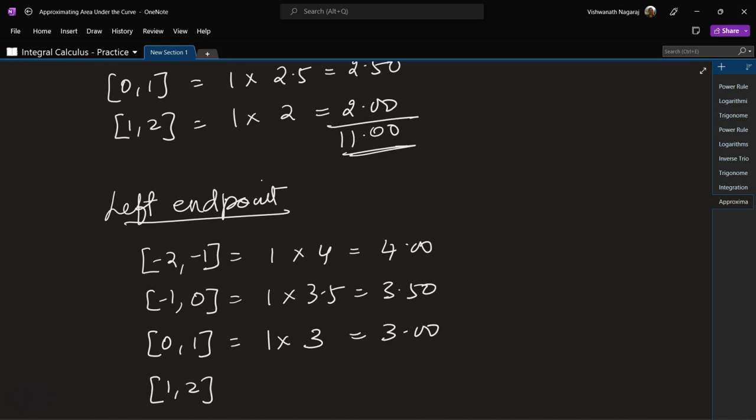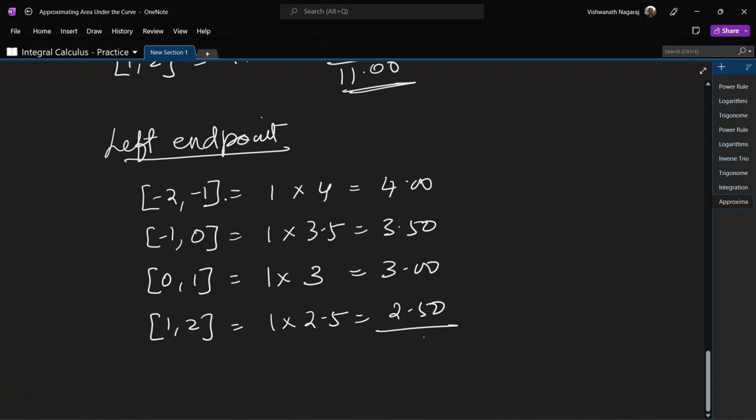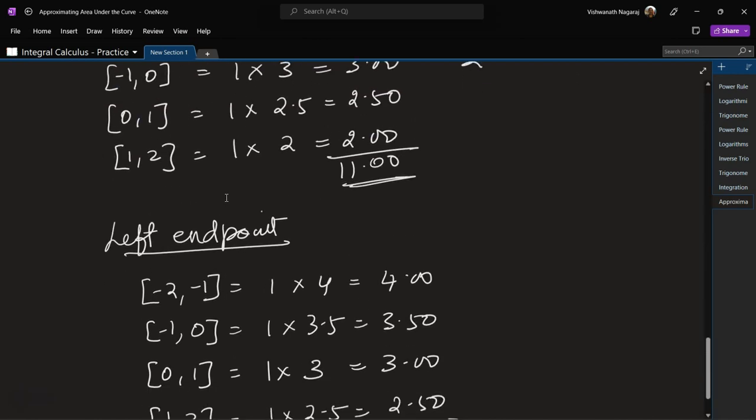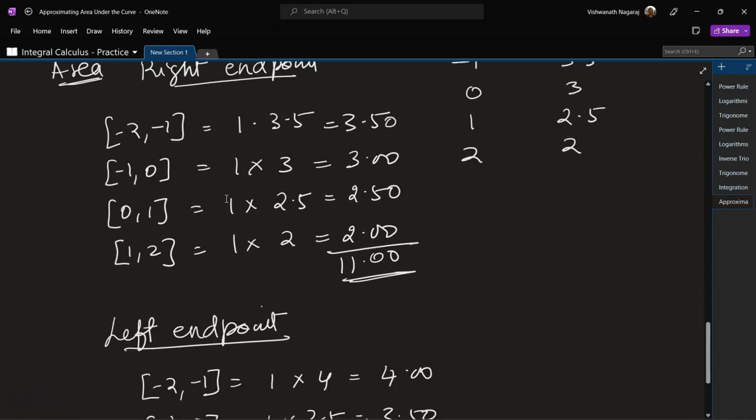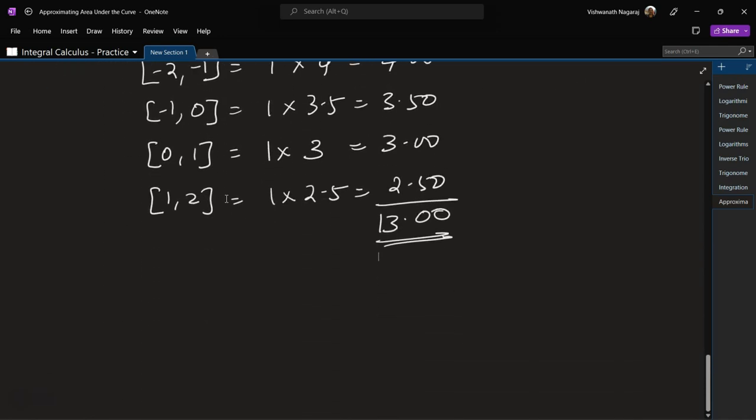And 1 to 2 will be 1 times 2.5, which is 2.50. And if we add it all up, we will get how much? 13. So here if you notice, the approximate values are varying between different methods.